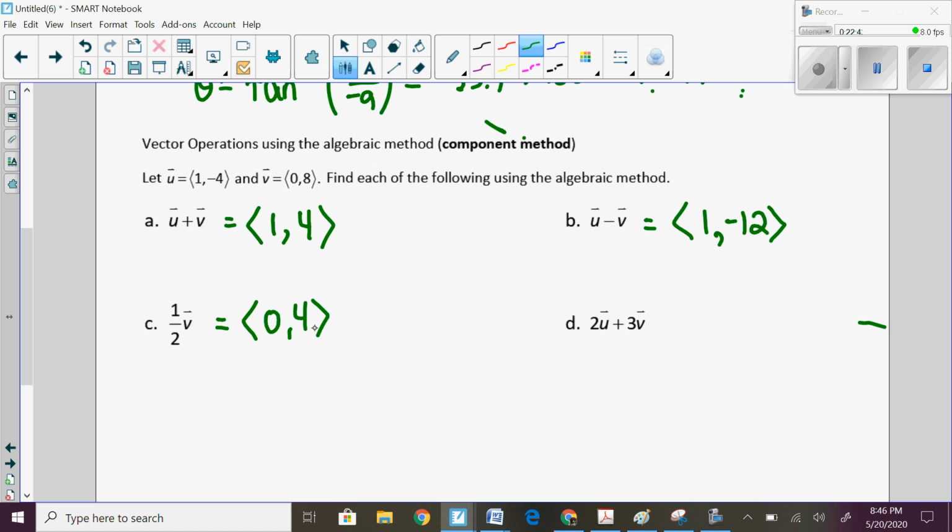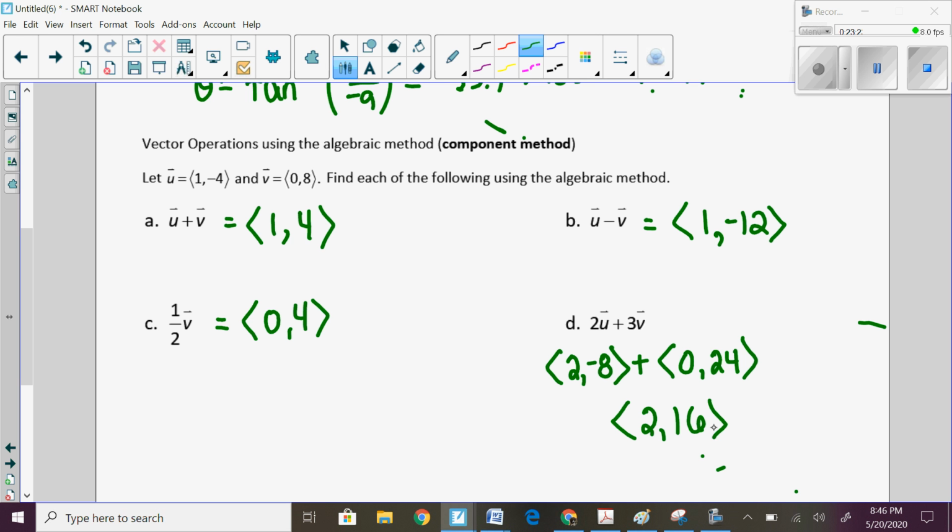And letter D is a little mixture of all of this. So we're going to take 2 times u. Okay, so 2 times this vector gives us 2, -8, plus, and it says 3 times vector v, so 3 times this, so 3 times 0 is 0, 3 times 8 is 24, and now we're going to add them, and what we get is 2 plus 0 is 2, -8 plus 24 is 16.